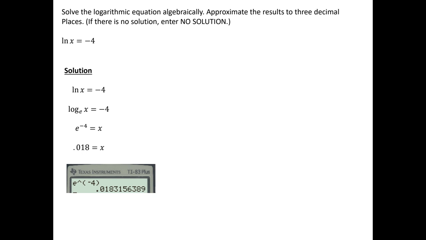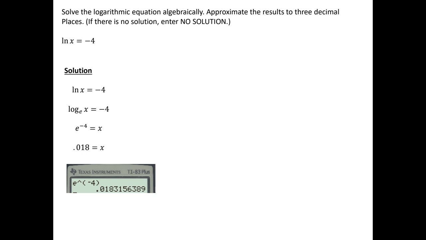The output of the log is the input of the exponent, and the input of the log is the answer of the exponent. So now it's easy to see that all I have to do is use my calculator to evaluate e to the negative 4, and it's going to give me the value of x. And again, when I plug it into my calculator, rounding to just 3 decimal places, it gives me 0.018. Okay.